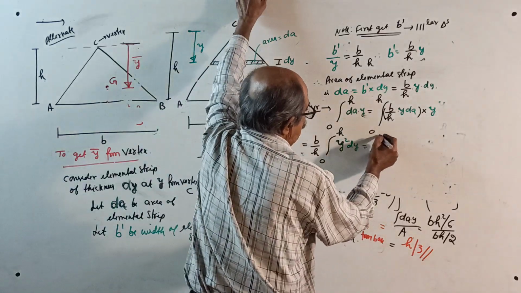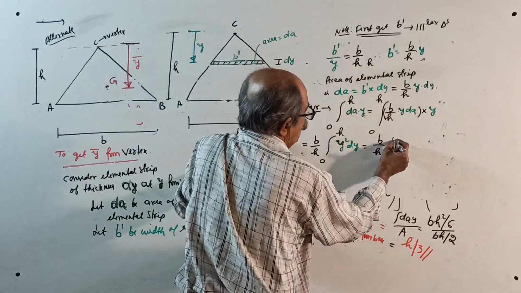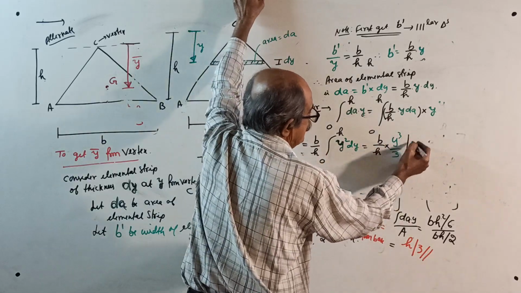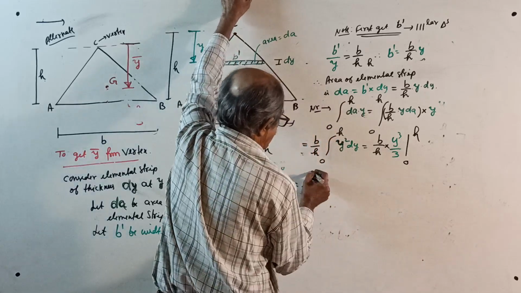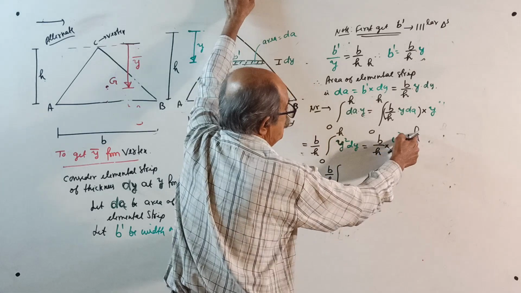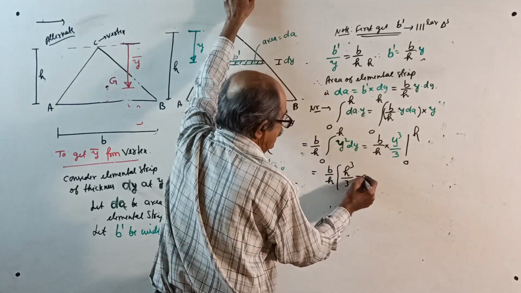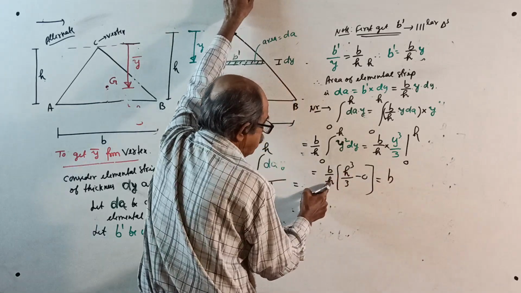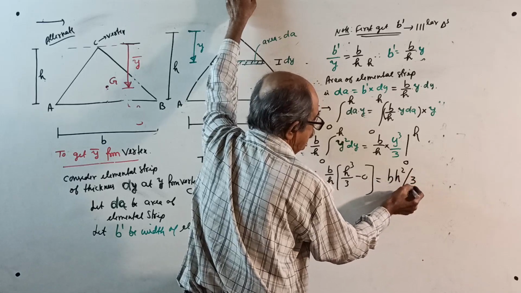That is B by h times y cube by 3 from 0 to h, which equals B by h into h cube by 3 minus the lower limit 0, which equals bh square by 3.